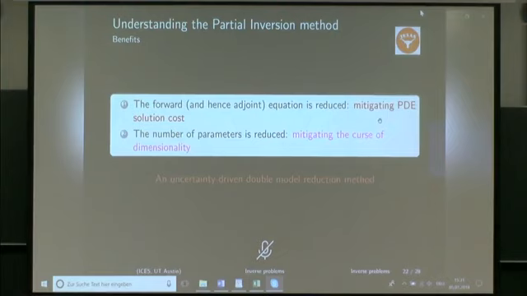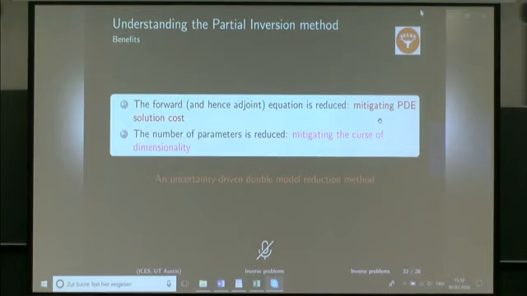And the second, which is an important observation, is that when you throw away the uninformed domain, you automatically throw away the parameters residing on that domain as well. So you are automatically cutting the number of states and the number of parameters at the same time, and that's what we call the double model reduction technique.